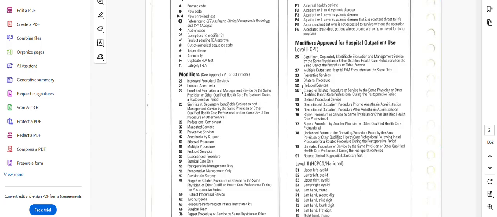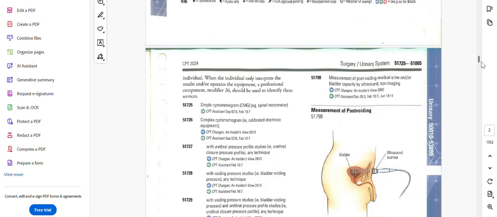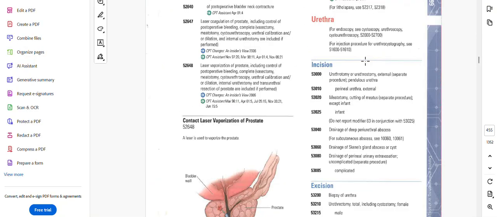Say a physician is doing a procedure like coagulation of prostate, code 52647.